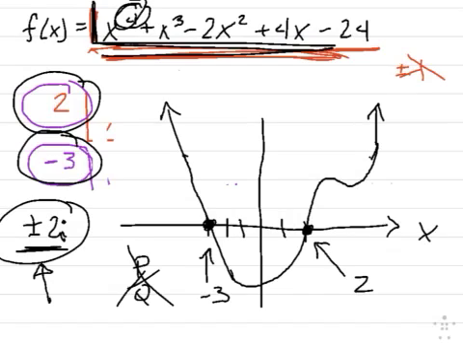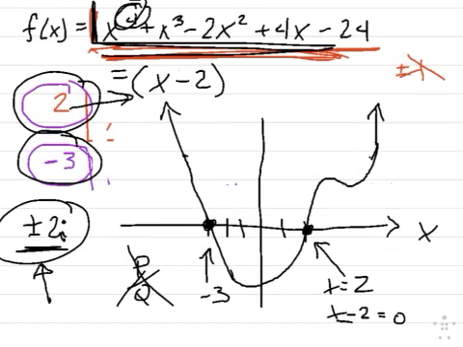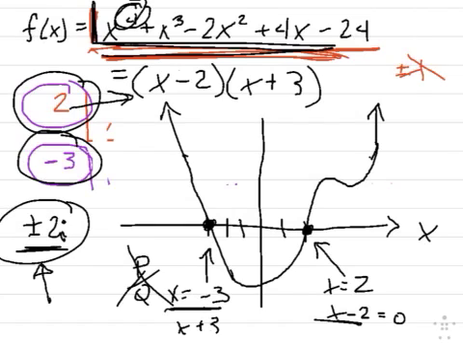All right, one other thing, if they wanted you to write this out as a product of linear factors, which they might, here's what you would do. X minus 2, because if x equals 2 is my 0, then x minus 2 is my factor. X plus 3, again, because if x equals negative 3 is my 0, then x plus 3 equals 0 is my factor.